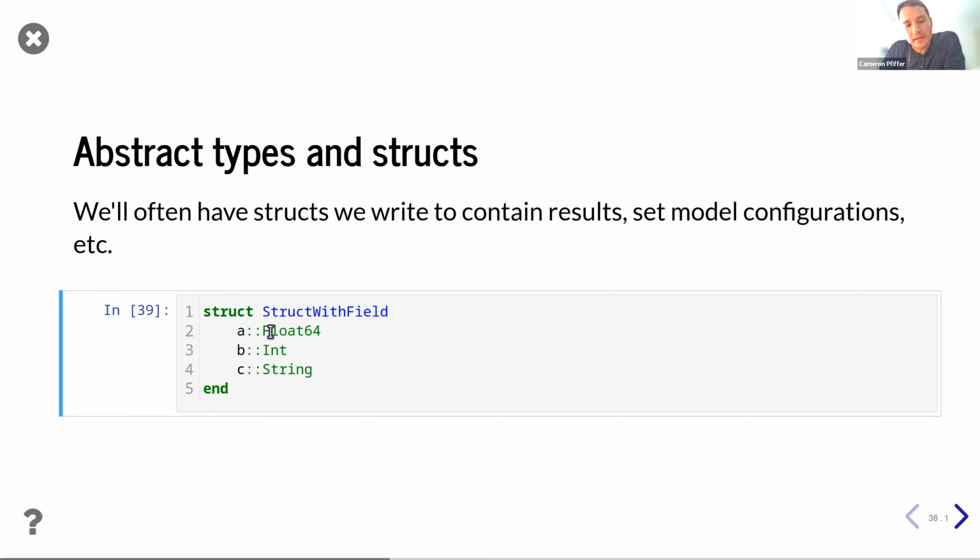If you're working with something that auto differentiates across this, you're not going to be receiving a float 64. You're going to be receiving a ForwardDiff.Dual wrapped around a float 64, things like that. So it's generally considered good form to allow these things to fluctuate a little bit. Okay, I know it's going to be a floating point number, but is it float 64? It could be float 32, right?